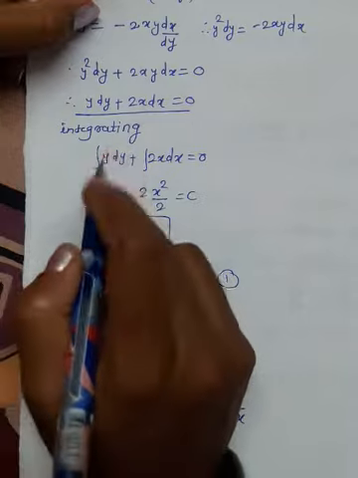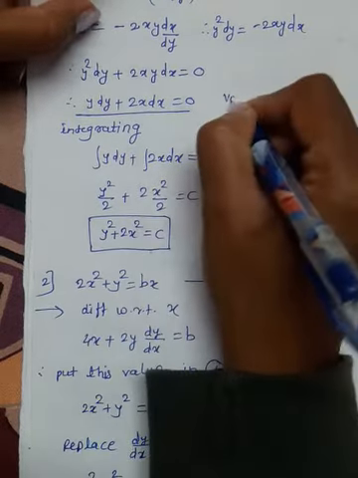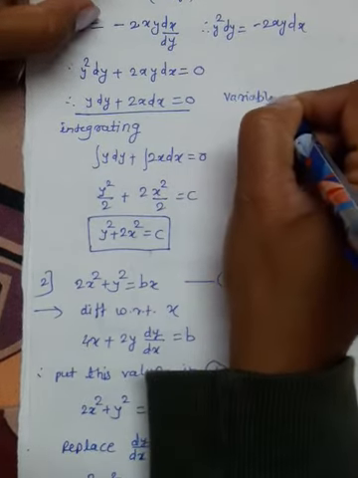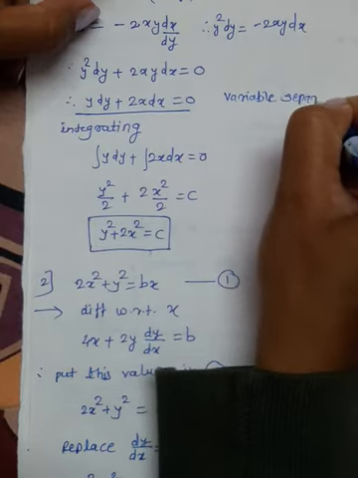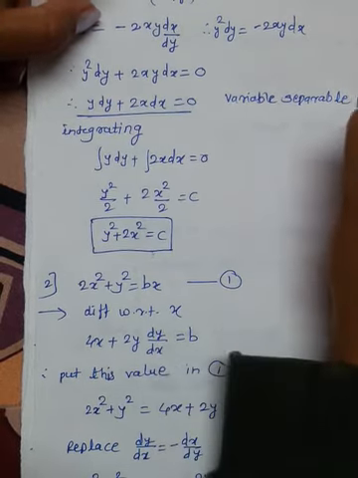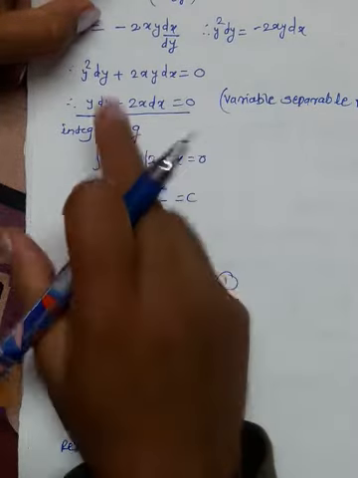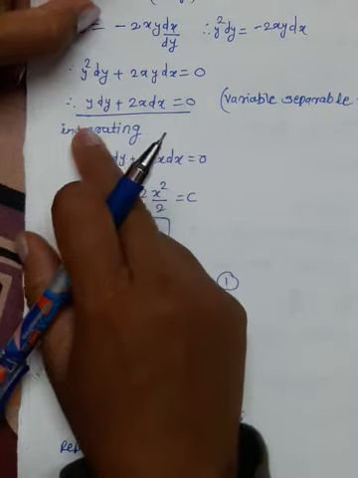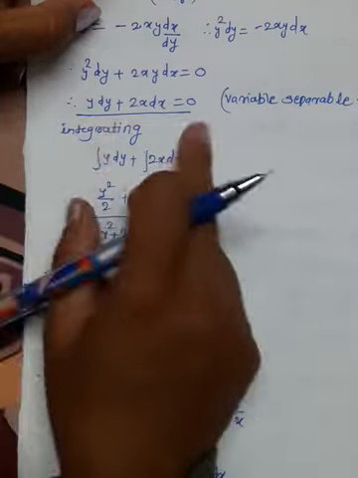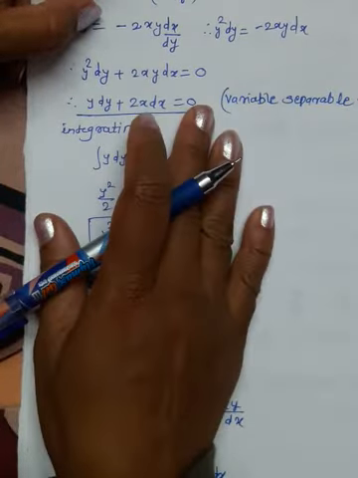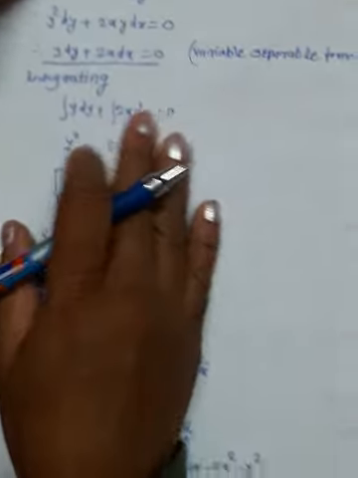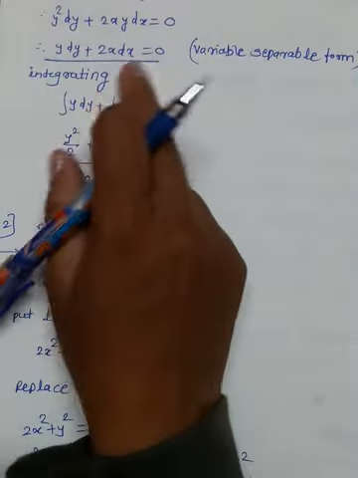It is the form which is called variable separable form, where x terms are attached to dx and y terms are totally attached to dy. In such a case, we directly integrate this equation to cancel out the dx and dy. That's why the next step is integrating the above equation.